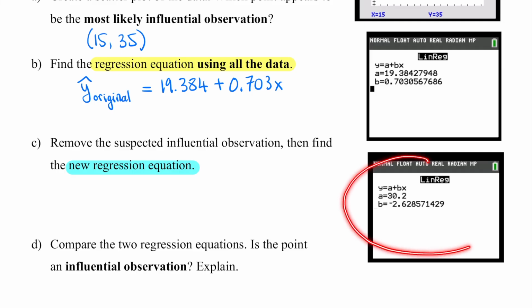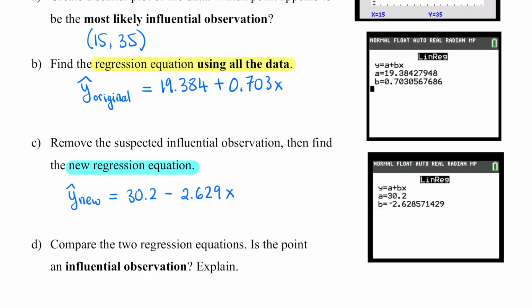This is the result we got after removing the point 15, 35. So the new y hat equals 30.2 minus 2.629x.